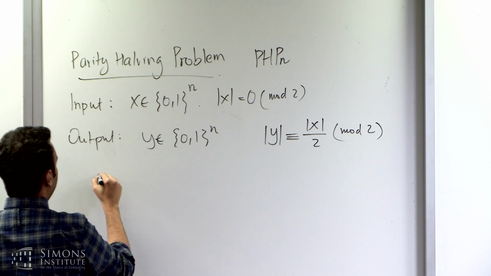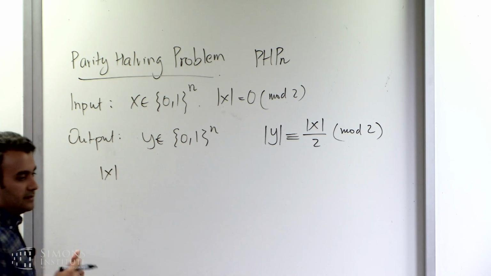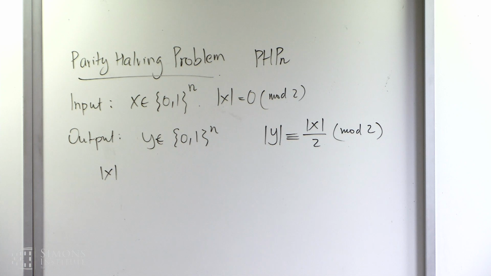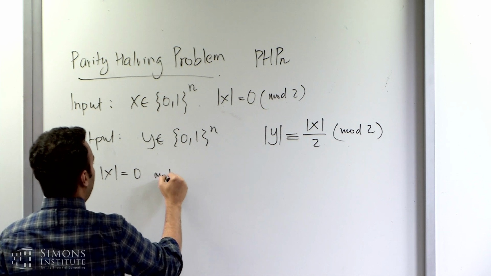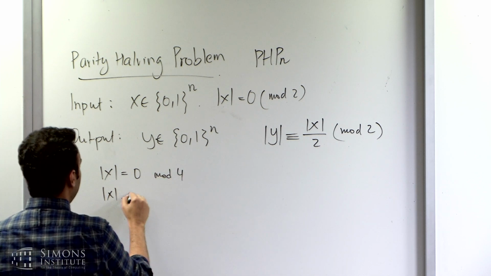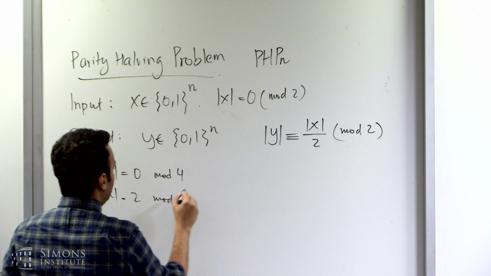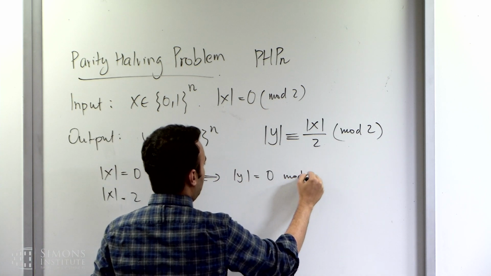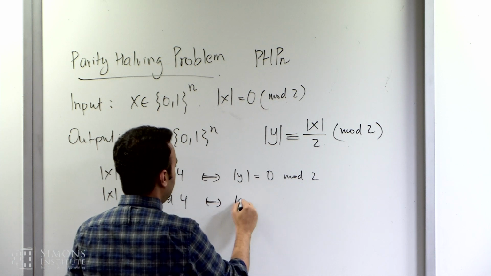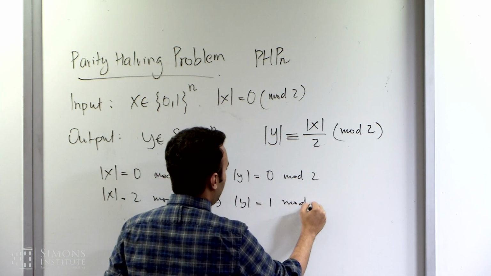What this means is that x is a string whose Hamming weight is even, right? So if you're an even number, there's 2 possibilities. You're either 0 mod 4 or 2 mod 4. These are the only 2 possibilities. What we want, in the 0 mod 4 case, is that your output should be 0 mod 2. And in the 2 mod 4 case, it should be 1 mod 2.